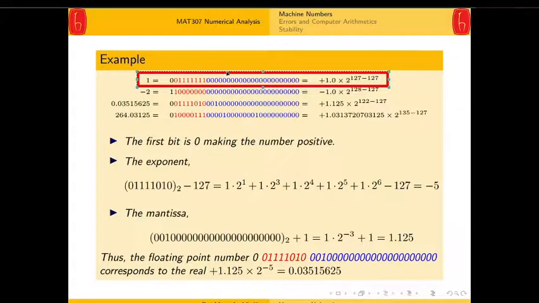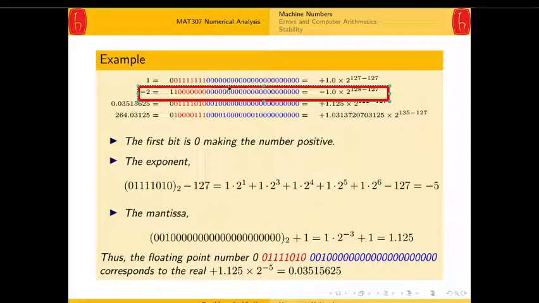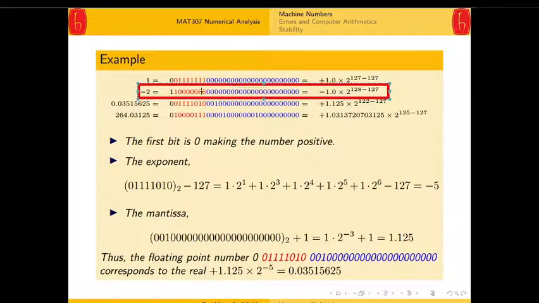Okay, let's also consider the number -2. For this number, we have this representation. First, the number is negative, so we have 1 instead of 0 in the first position, and this will give us negative.